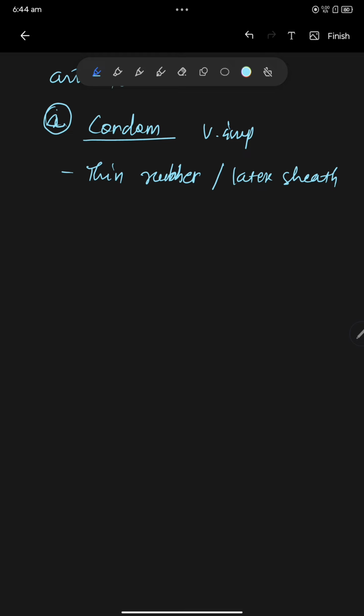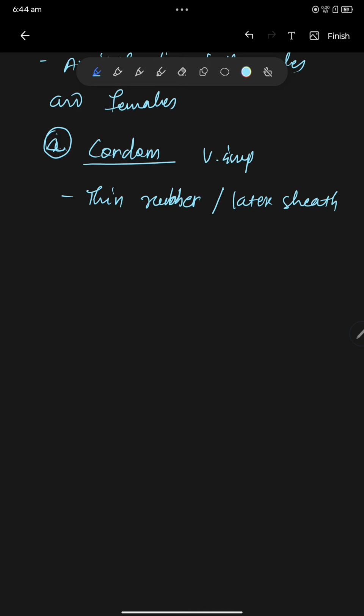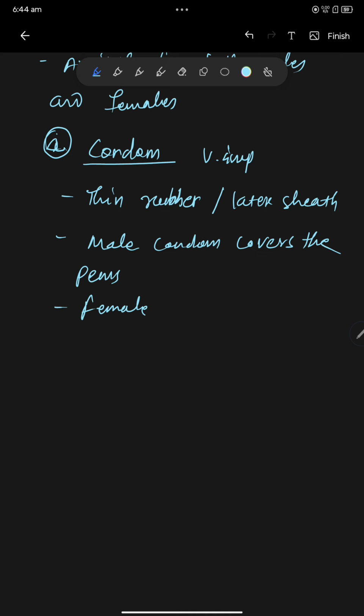There are two types of condom: the male condom, which covers the penis, and the female condom, which covers the vagina and cervix.